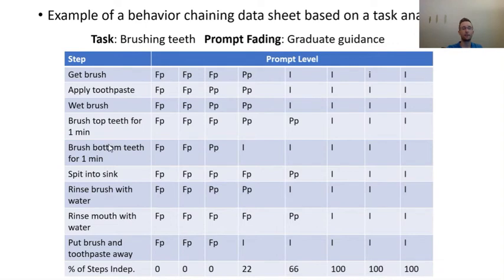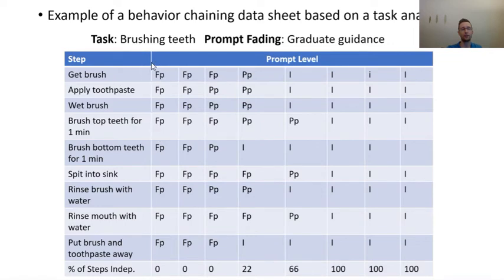And there are different cells in each column corresponding to the response in the chain. Right, so get brush, apply toothpaste, wet brush, top teeth for 1 min, bottom teeth for 1 min, spit into sink, and so forth. Right, and on the bottom row, we have the percentage of steps completed correctly and independently for that trial.